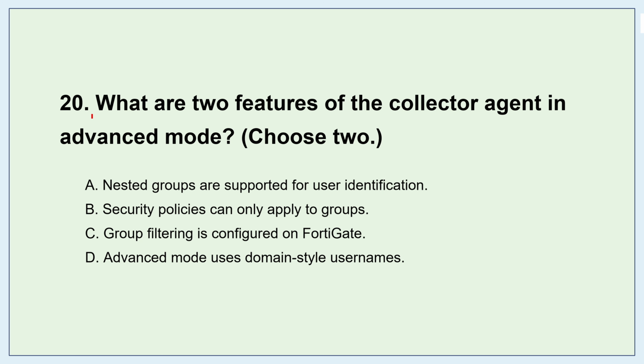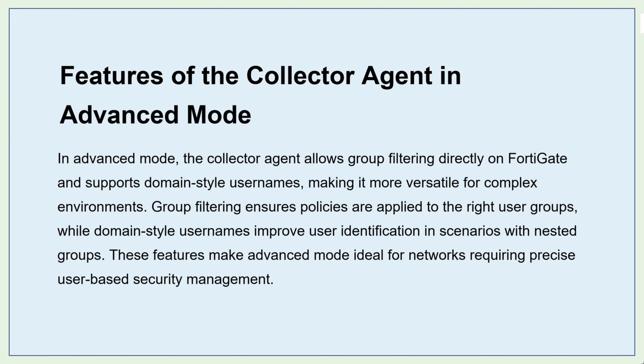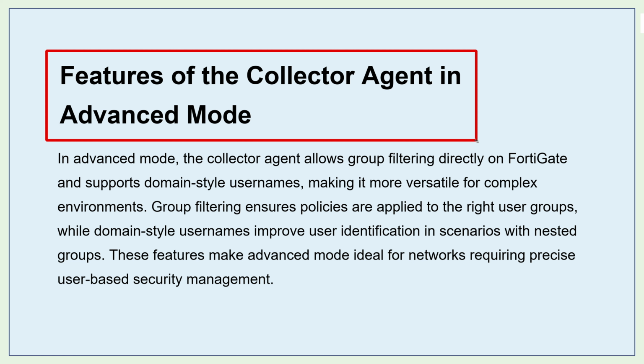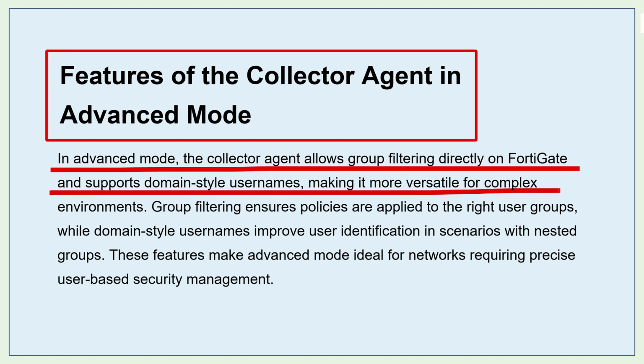Question 20. What are two features of the collector agent in advanced mode? The knowledge points of this question are: FSSO collector agent. Advanced mode lets you filter user groups on FortiGate and supports domain-style usernames for easier user management.